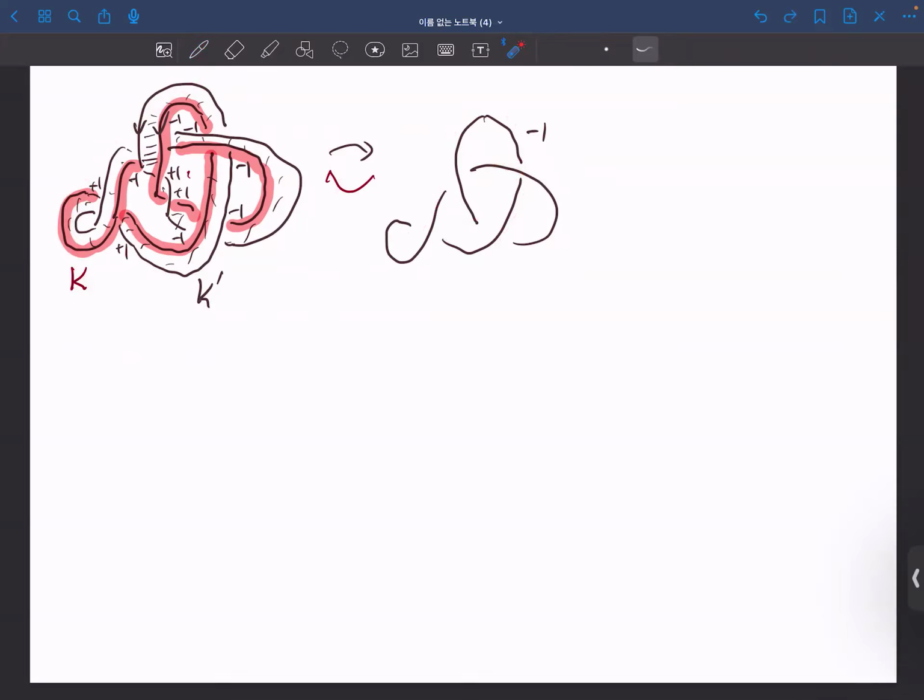So it is enough to represent framed links by using a knot with integer number.